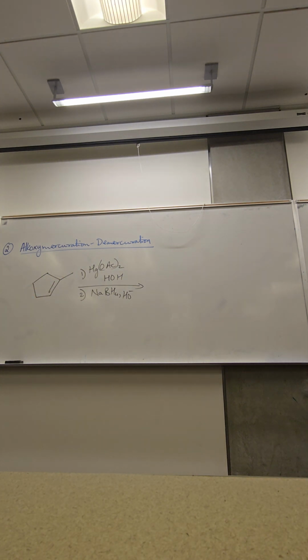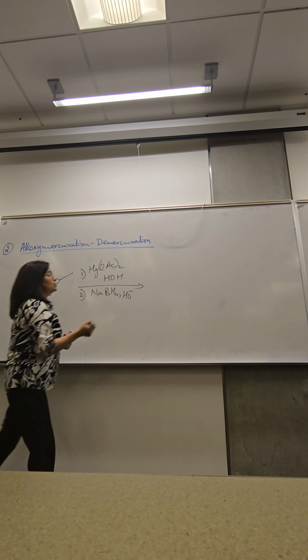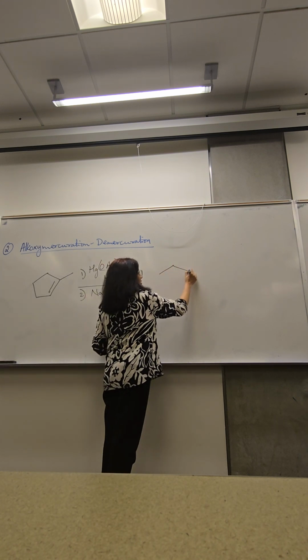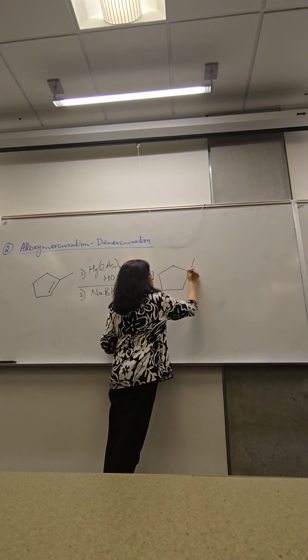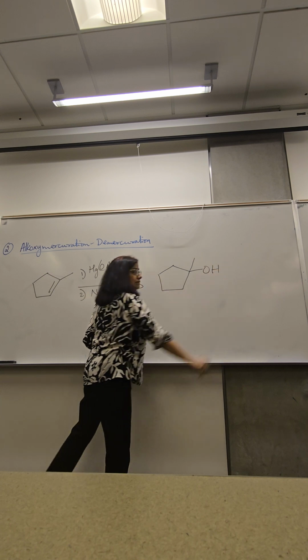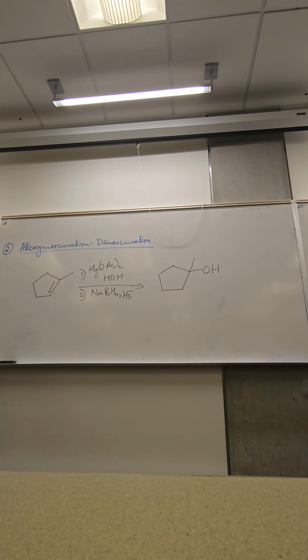Because we know how to name alcohols. 2-methylcyclopentanol? Why would it be 2? Oh, 1-methyl? Don't we want Markovnikov? So isn't that the Markovnikov position? So 1-methylcyclopentanol. Do you all agree with that? And we don't need to know the mechanism for that.